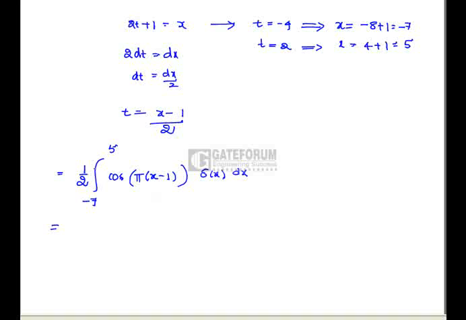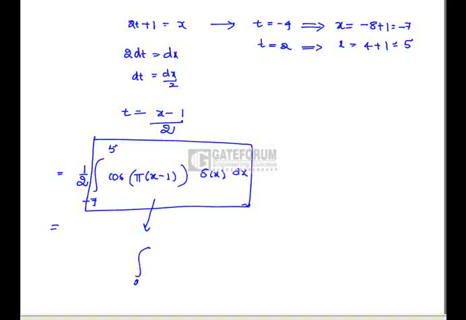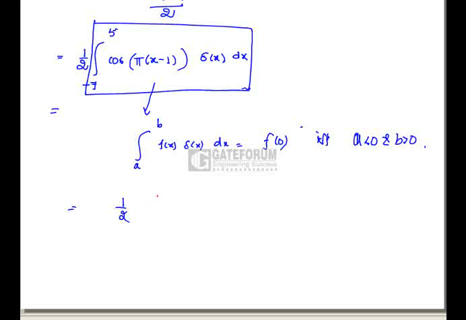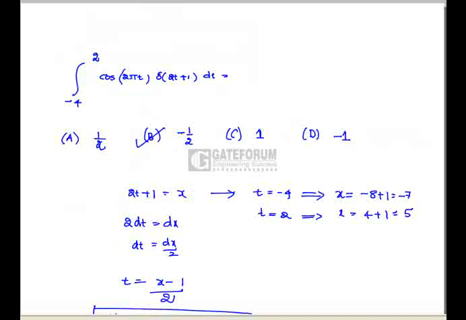From the property, if the integral from a to b of f of x delta of x dx equals f of 0 if a is less than 0 and b is greater than 0. So using this delta function property, we get 1 by 2 cos of pi, which equals minus 1 by 2, and answer B is correct.